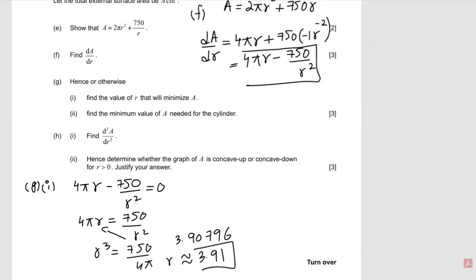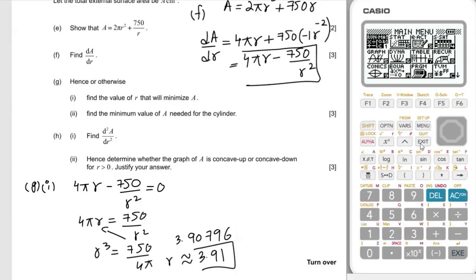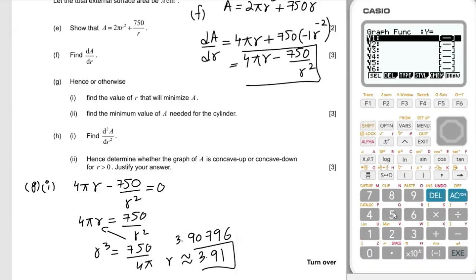Another way of solving this, I'm just showing you what if you would have plugged it in your graph. So it could have been this way: 4 pi, I need to put x, and minus 750 as a fraction over x squared. In place of r, obviously I'm writing y in terms of x.